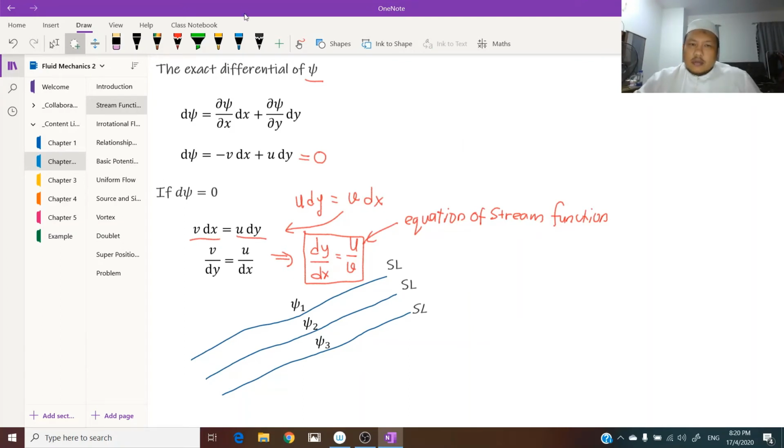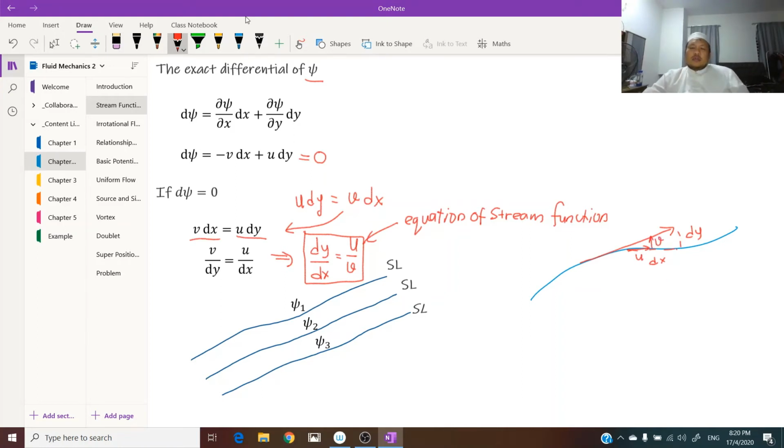If we have a streamline like this, and then we have this velocity, so if we differentiate this one, this is the y, this is the x, and then we have the u here, and v here.